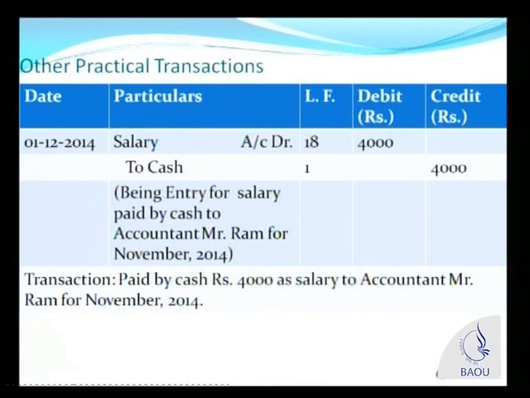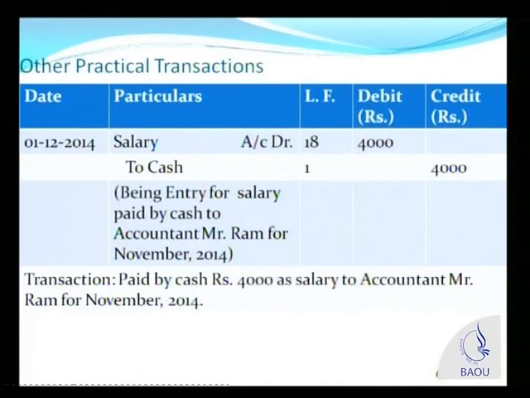Please note, so far as the account to be debited or credited is concerned, the name of Mr. Ram is redundant. It is of no use to you. You may pay salary to anybody, any Tom, Dick and Harry, X, Y, Z, A, B, C. That name you are not recording because salary is an expense. You may be paying salary to 100 employees.